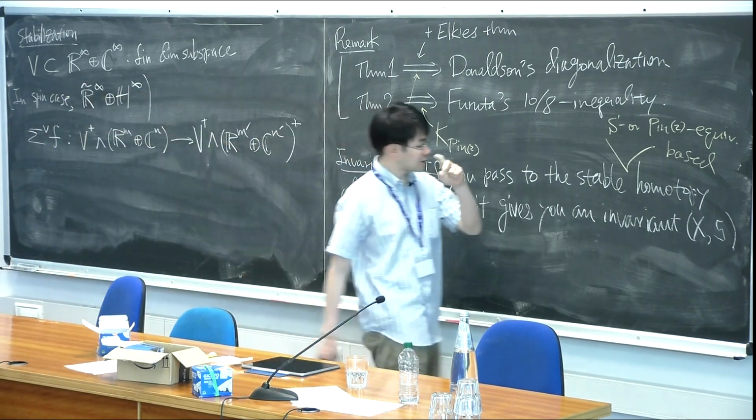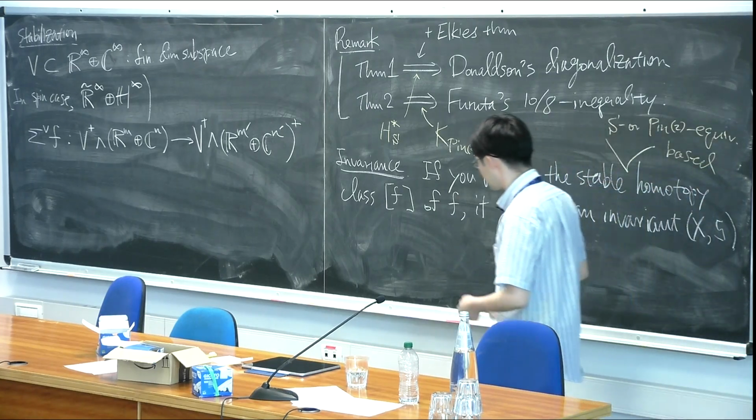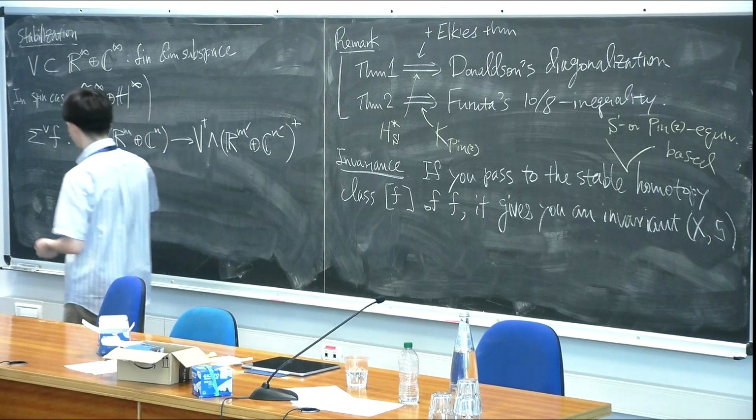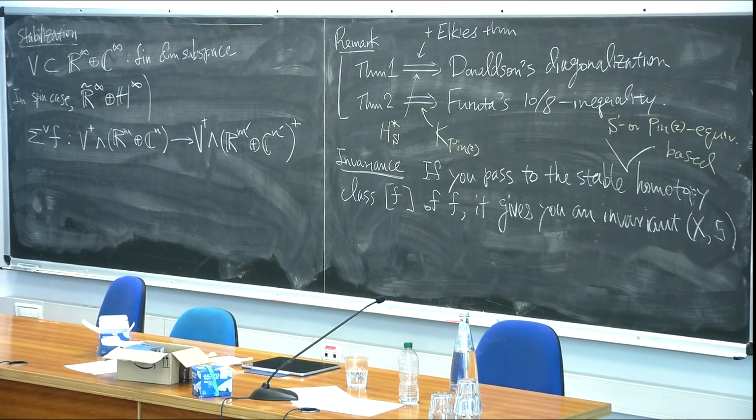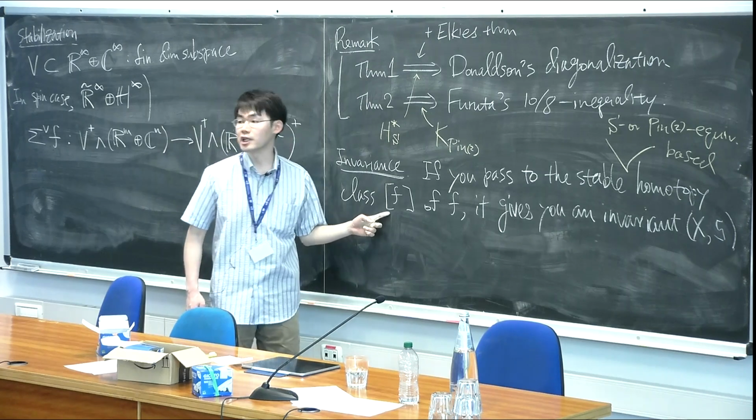By this, I meant that if you have two different kinds of data to construct this map f, which I can explain a little bit later, you might have different equivariant maps with different domains and different codomains. But if you take a sufficiently large suspension for both sides, and if you allow yourself to move everything by equivariant homotopy, then you can have a notion of a stable homotopy class of your map f.